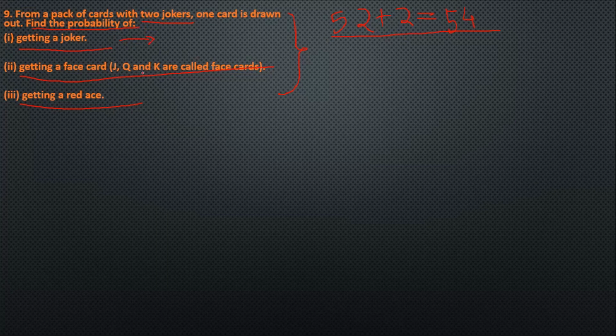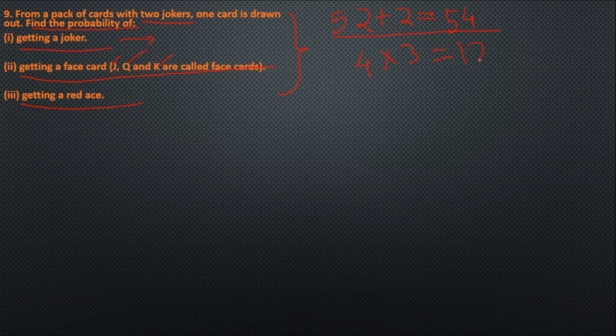Again, what are face cards? This is Jack, Queen and King. These are called face cards, and there is a jack for each category. That is, there are 4 categories: hearts, diamonds, clubs and spades. So 3 face cards per category, that is 4 categories.